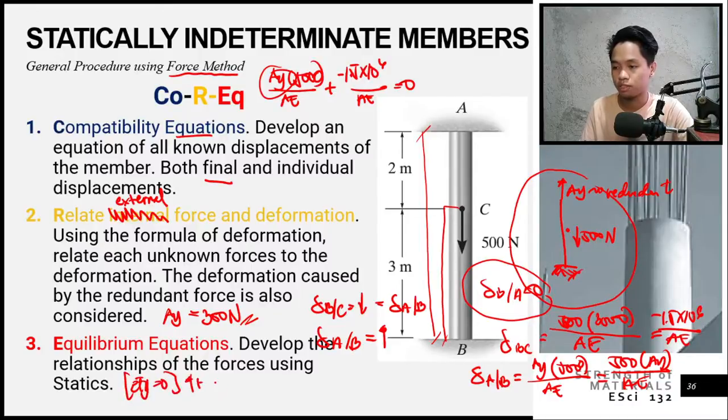Assuming upward forces are positive, so plus BY plus 300 for AY, then minus 500, that would equal 0, and it will give us the value of BY, which is 200 Newton.